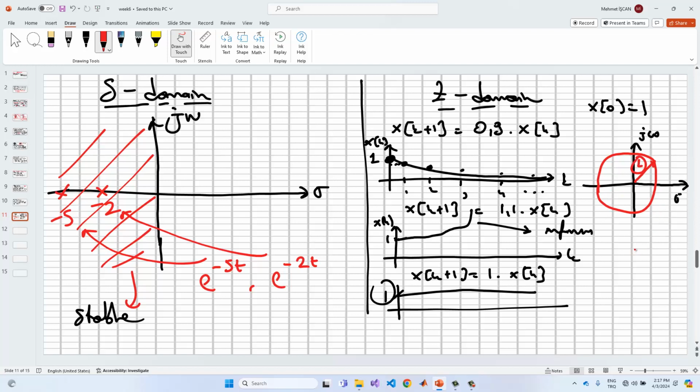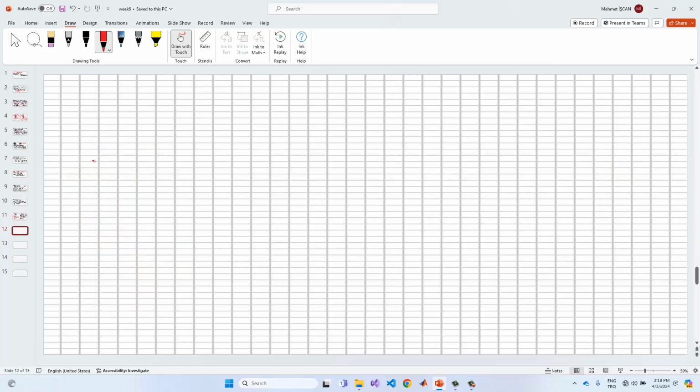And so in this z domain, if we have any pole, any line smaller than 1, we have a stable region. Okay, in summary, I should also take this one: x(k+1) is equal to minus 0.9 xk. Is this stable or not?